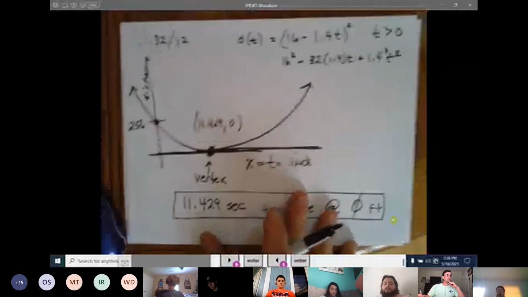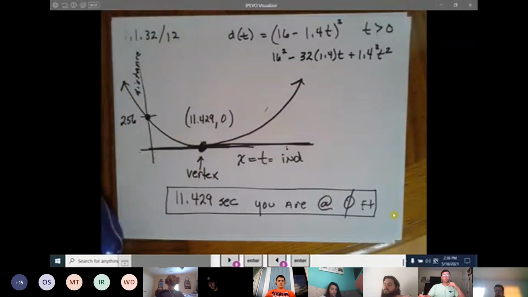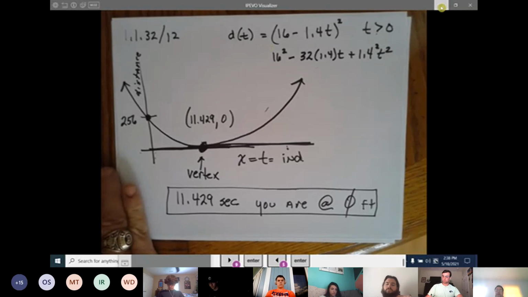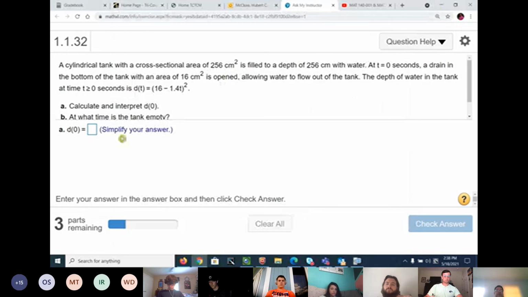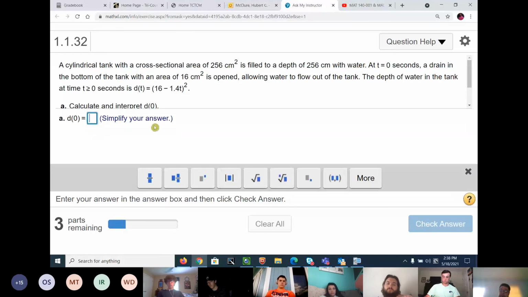So I don't know what they're going to ask, but this is a good test question. I would ask it on a test. So let's see what they ask. D of 0, that means we plug in X is equal to 0, which we already got, 11.429.